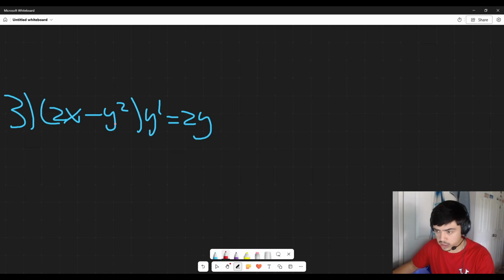But here we clearly have a y squared. So this is not a first order linear differential equation. It's a first order nonlinear differential equation in terms of y.